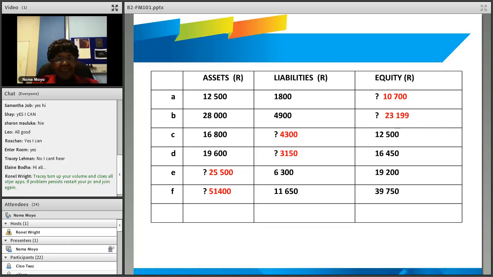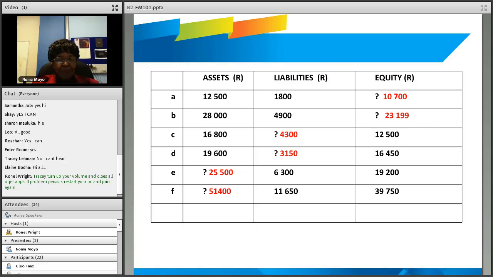Then C, they've left out liabilities. You have been given assets and equity. We know that liabilities is equal to assets minus equity. So 16,800 minus 12,500 is 4,300. I hope you all have your calculators, please.